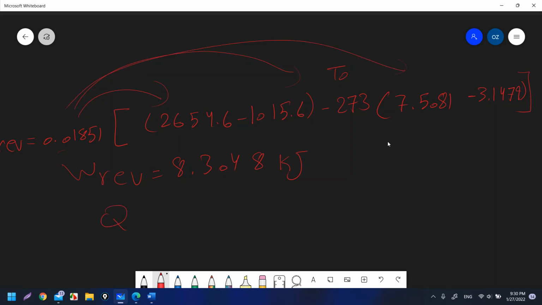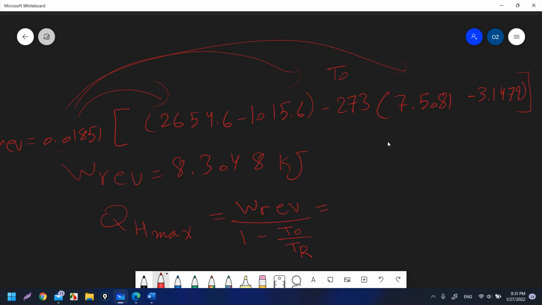Okay, then we say that the QH max, the heat supplied from the heat pump, is equal to the reversible work over 1 minus T naught over T room. We usually say TL over TH, but TH was supplied or pumped to the room air, and T naught is rejected to the surroundings.